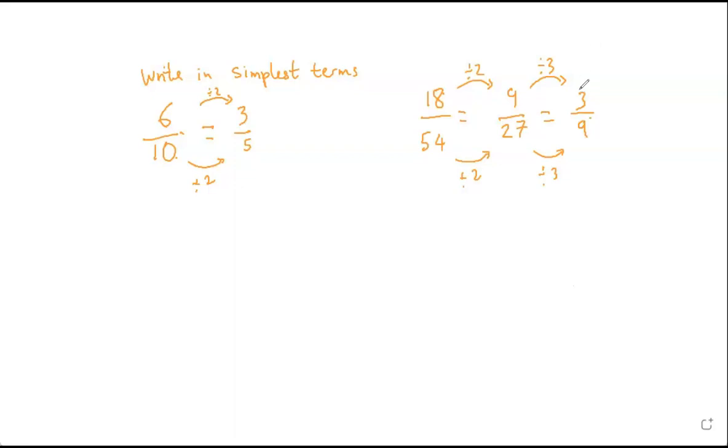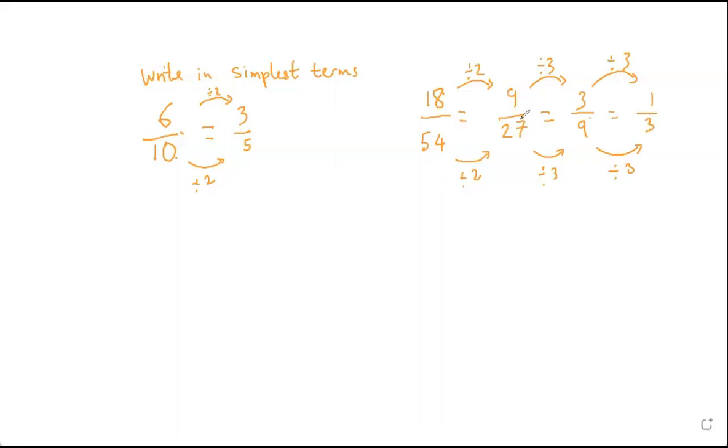But this is still not in simplest terms because we can divide again by 3. 3 divided by 3 is 1. 9 divided by 3 is 3.